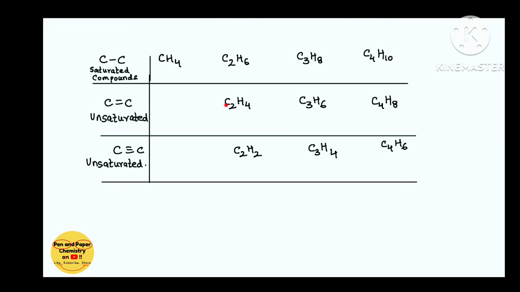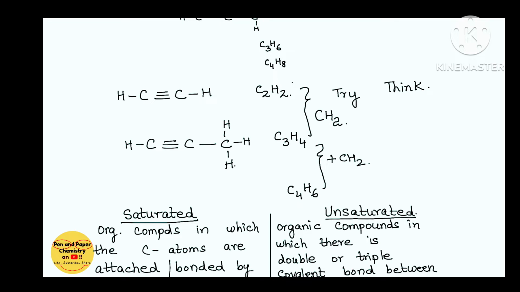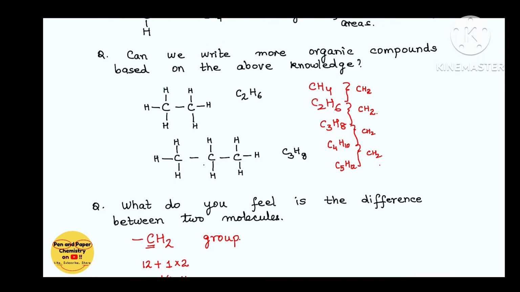The compounds that we had formed, we have again listed them in a series. There was something interesting that we had observed between any two compounds in the series. They differed by a CH2 group between any two successive compounds.